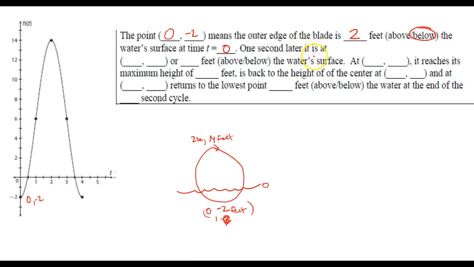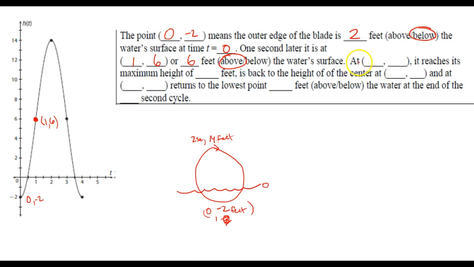1 second later, according to our graph, it's at (1, 6). So 1 second later, it's at 6 feet. Now since it's 6 and it's positive, will it be above or below? Above, right?